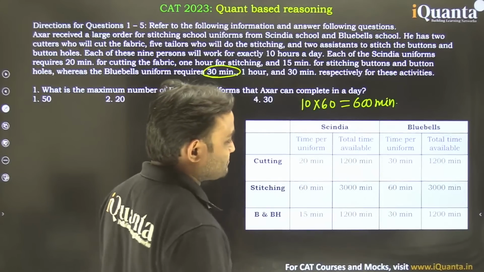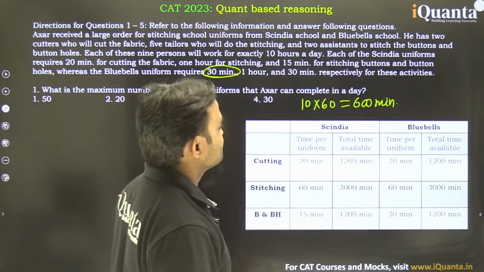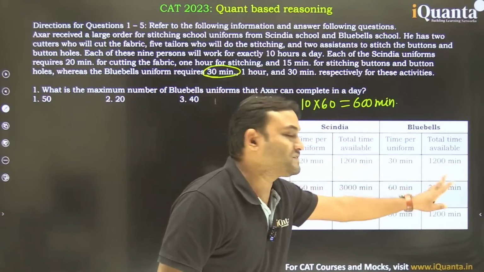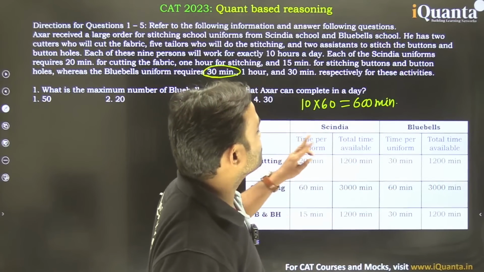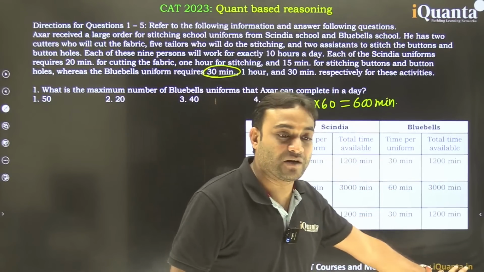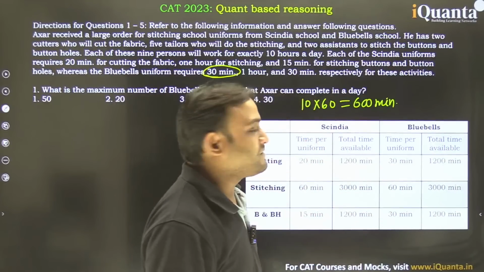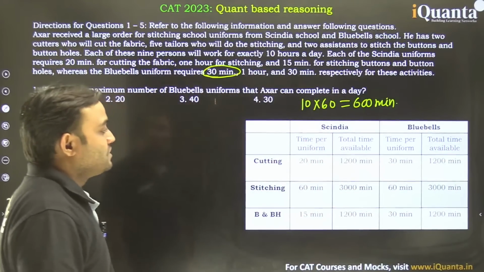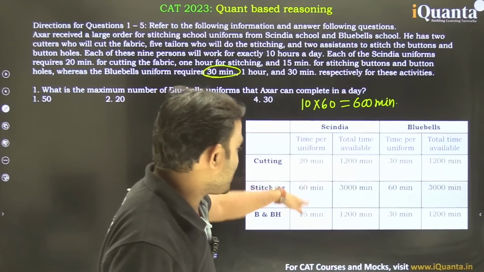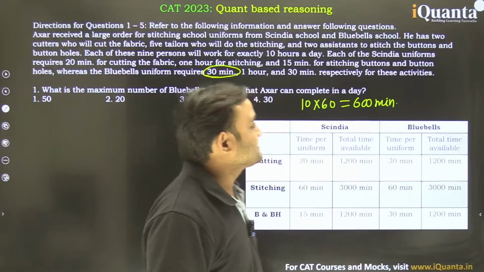There are total 5 tailors, so 600 into 5, they have 3000 minutes, and there are 2 assistants, so once again 1200 minutes, and the same time is available for Scindia. Now, for each activity, the time required is given.